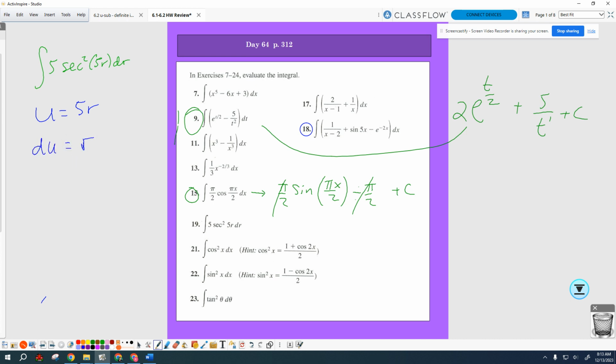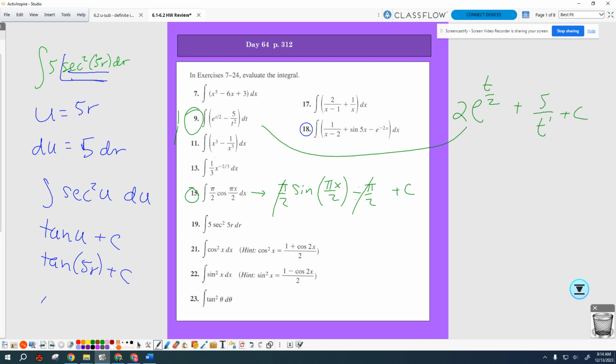So du is 5dr. So it's secant squared u, and 5dr is du. Whose derivative is secant squared? Tangent. So it's just going to be tangent of u plus c. Plug stuff back in, it's tangent of 5r plus c.